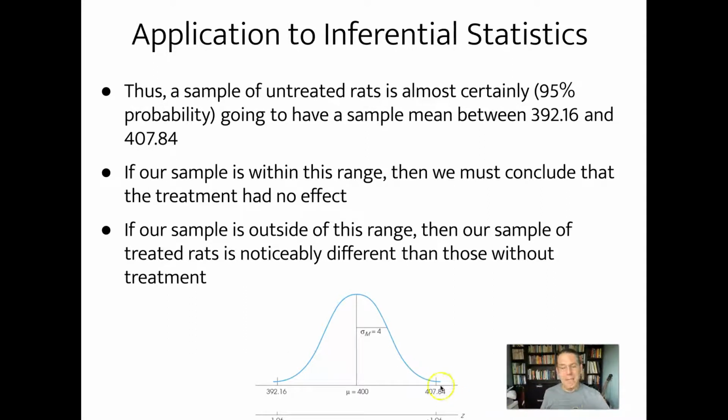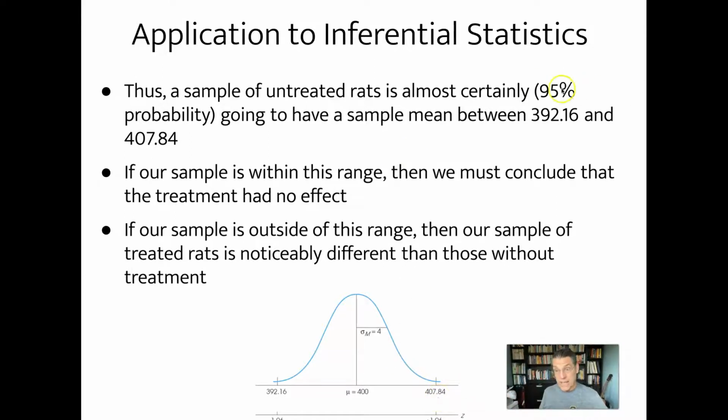And part of how we make the decision is that we say, okay, if we get a sample of rats that weigh 408 or 409 or 410, that is out here beyond this cutoff, and it's noticeably different. And what we can determine is this cutoff can be based on a probability.